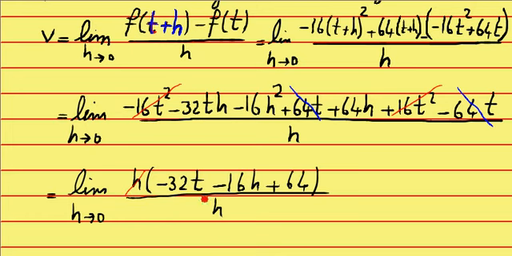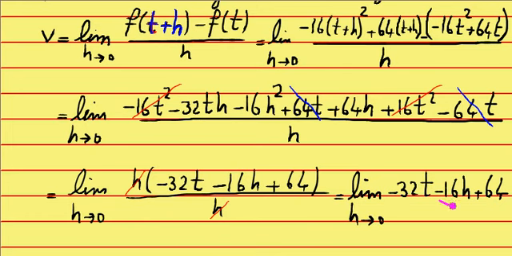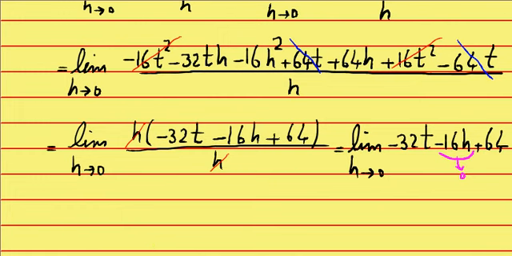Now these h's cancel. This is equal to limit of minus 32t minus 16h plus 64, still h goes to 0. When h goes to 0, 16 times h also goes to 0. We are just left with minus 32t plus 64. Here's the final answer.